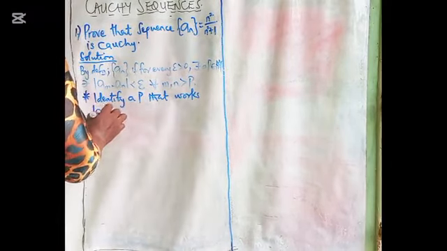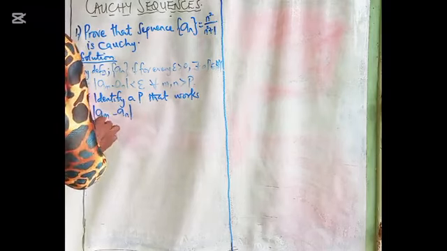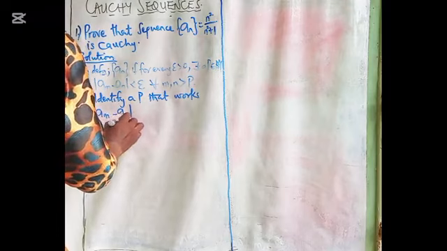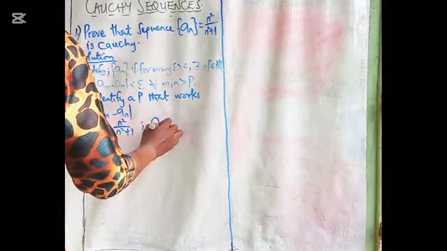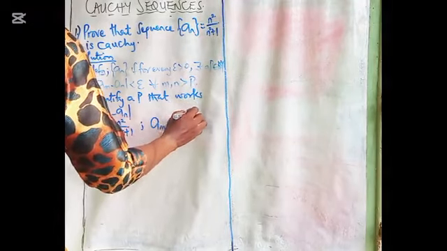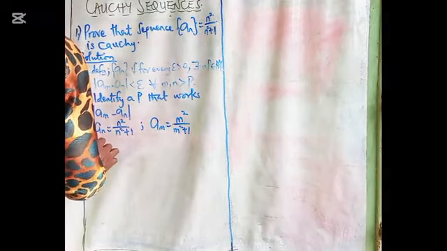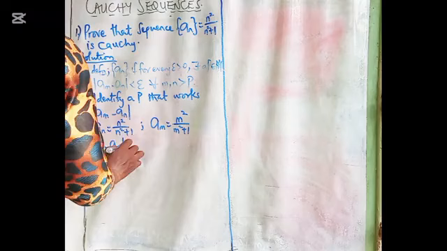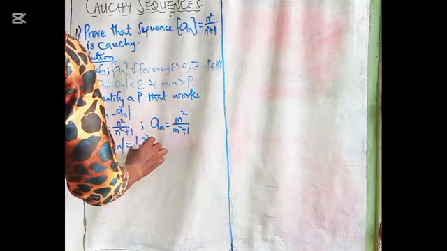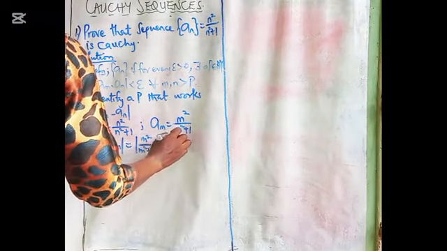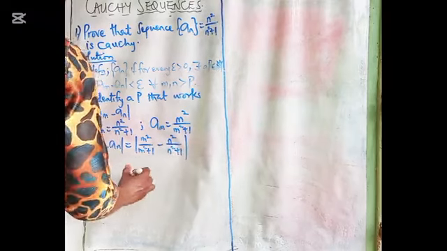We begin from a sub m minus a sub n. Our a sub n is n squared over n squared plus 1. Therefore, a sub m minus a sub n will be m squared over m squared plus 1 minus n squared over n squared plus 1.